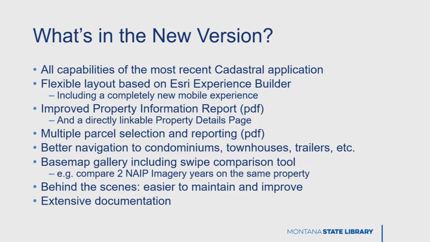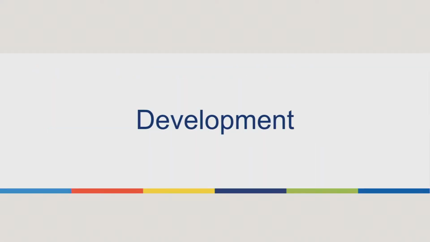There's a very cool swipe tool where you can set 2 base maps and swipe back and forth between them. Say you want to look at a 2005 aerial photo and a 2021 aerial photo and see what changed, you can do that. And behind the scenes, which is the focus of this talk, it's easier for us to maintain and improve and part of a modern repository situation.